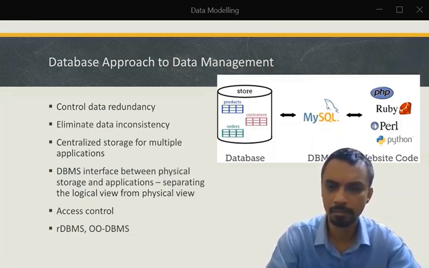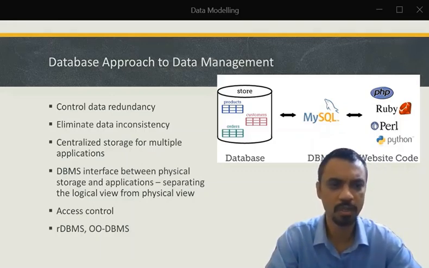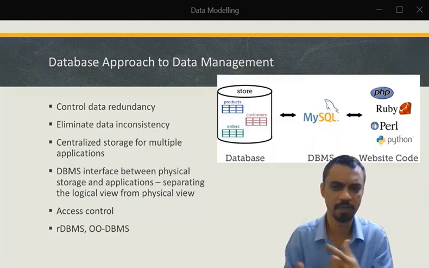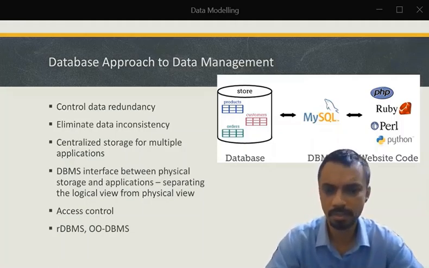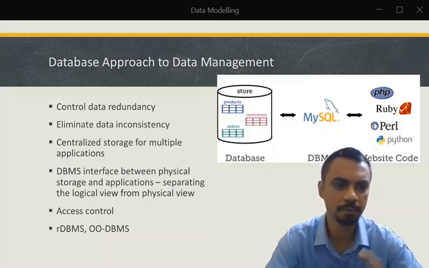Then comes different types. We have something called an RDBMS, which is a relational database management system, which basically assigns what the different relationships are. We will have a totally separate video on this. It's an important aspect of DBMS.